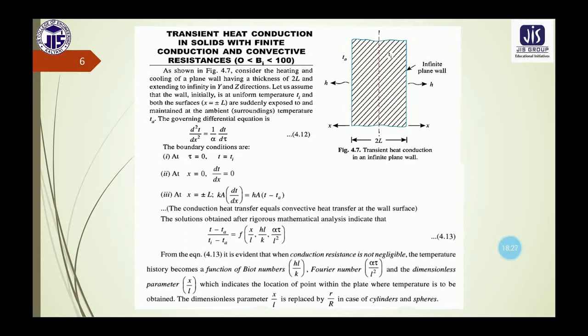This x by L is replaced by small r by capital R in case of cylinder and sphere. So this is the concept we get in case of an infinite plane wall, cylinder and sphere: the temperature history becomes a function of Biot number, Fourier number, and the dimensionless parameter x by L.